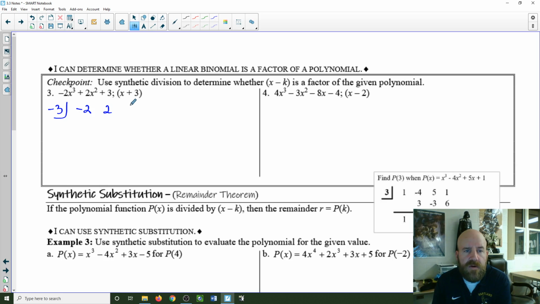So negative 2, 2, and we have a missing x. So we go 0 there. So you can probably already see what's going to happen here. So our remainder tells us that not a factor.